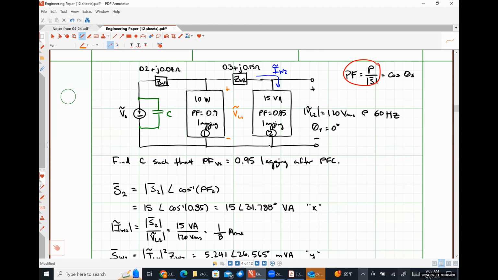Yeah, so what I would do is use a combination of Ohm's law and Kirchhoff's voltage law, okay? So effectively, the voltage drop VL1 is just going to be the sum of the voltage drop across that impedance ZW2 plus the voltage drop across that load VL2, right?